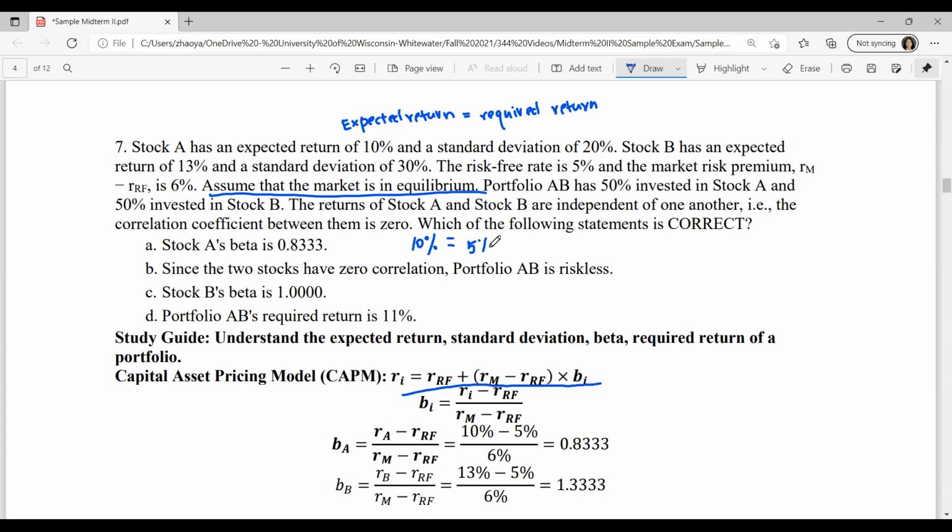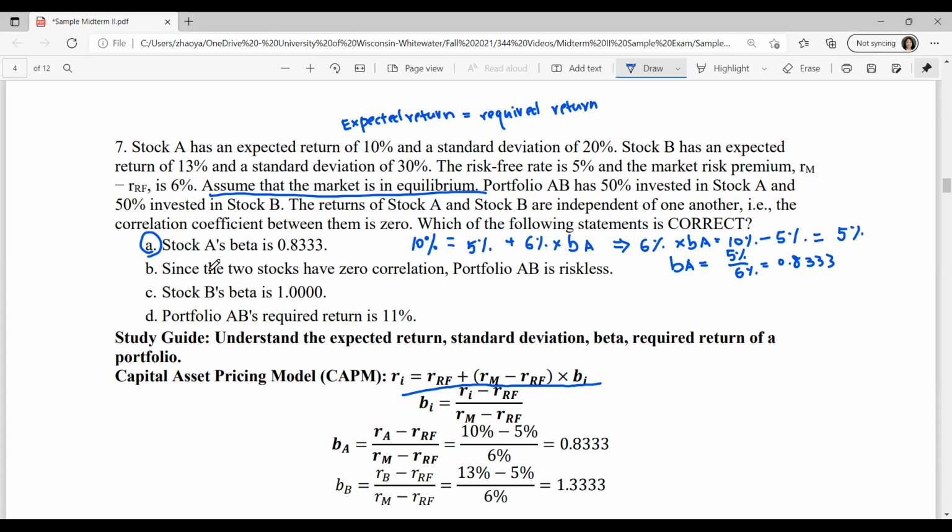Risk-free rate is 5% plus market risk premium times beta A. Then we will find that 6% times beta A equals 10% minus 5%, because we move 5% to the left-hand side of this equation. This equals 5%. So beta A is going to equal 5% divided by 6%, equals 0.8333. So choice A is correct.